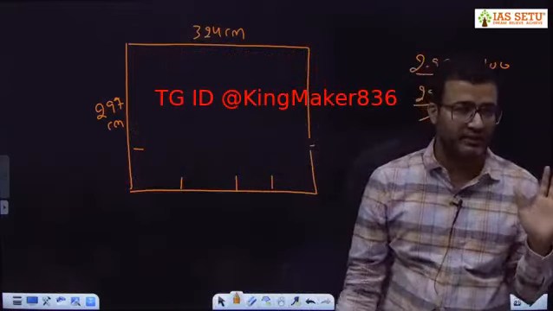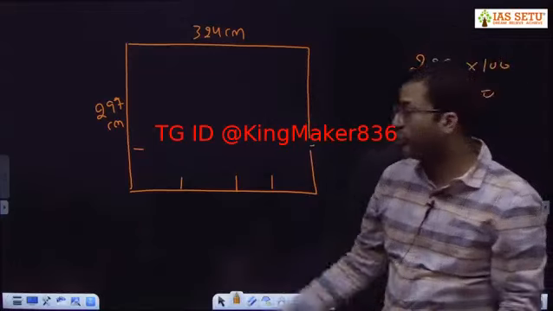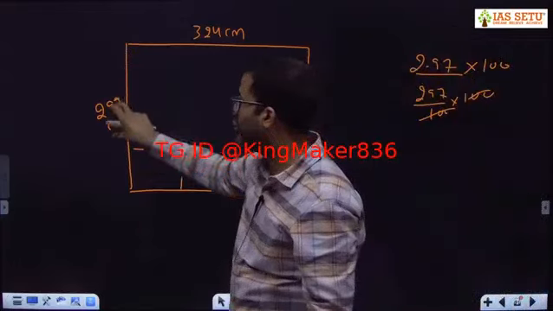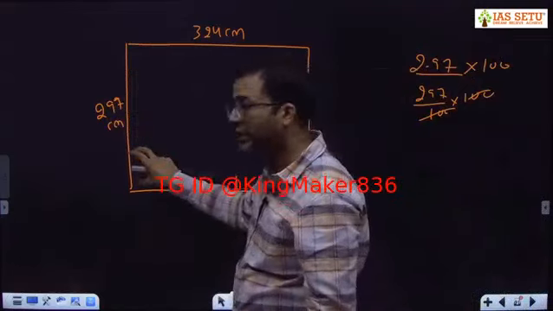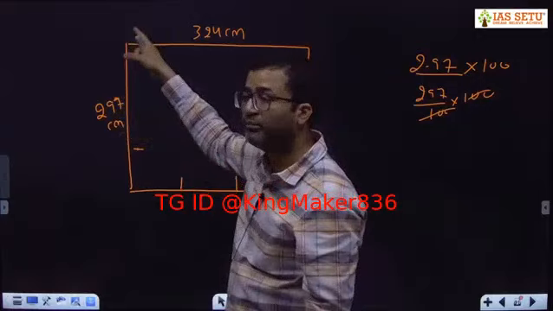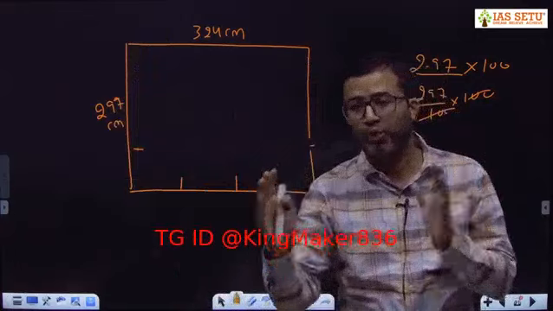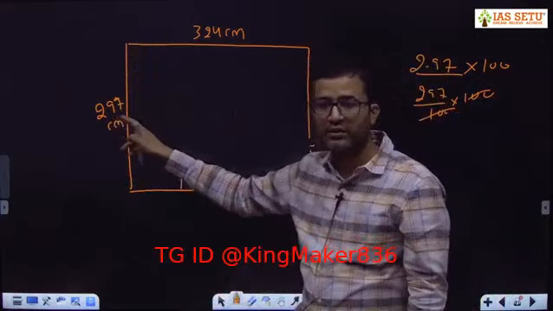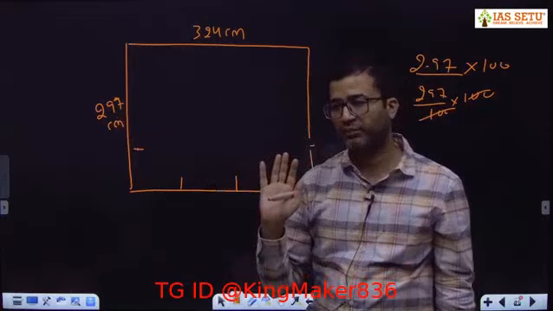Smaller means factor, bigger means multiple. So we are looking for a size which should be a divisor of 297. The size of the square tile cannot be bigger than 297, it should be smaller. Your tile should be smaller than this. Smaller means divisor. Divisor means HCF.